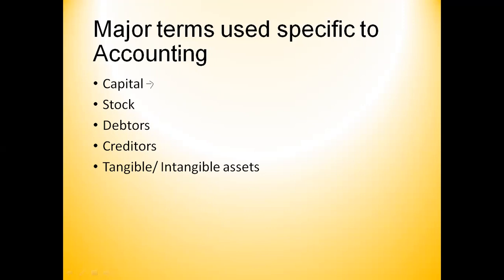Capital is a term used in a sole proprietorship. When we move to corporate, we use the term share capital. Once again, it is capital, share capital because it is contributed by multiple people, multiple investors. Once again, it is the capital of the entity.